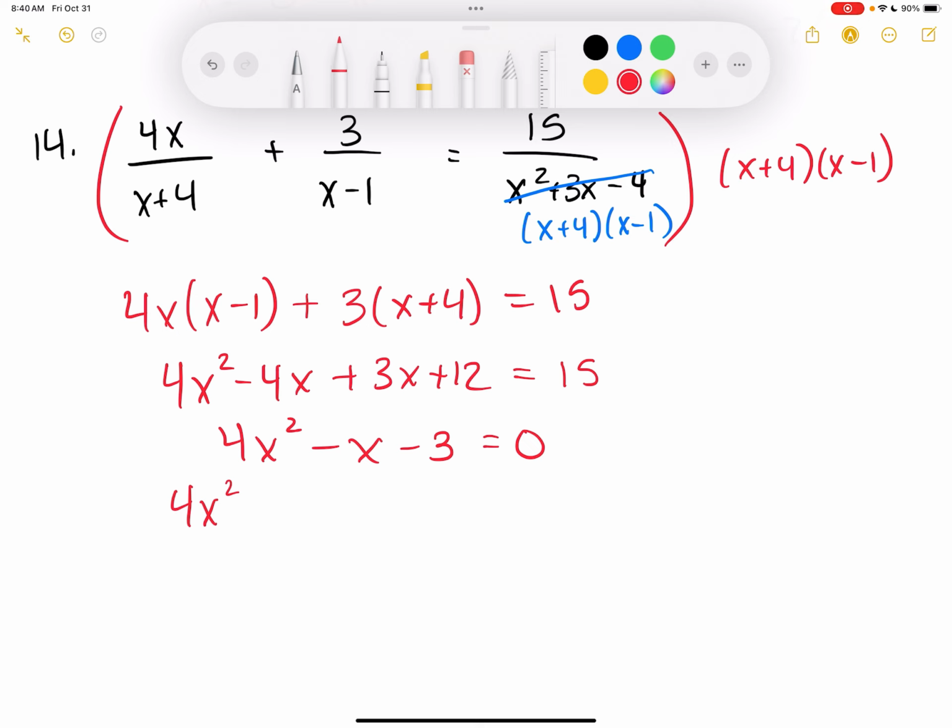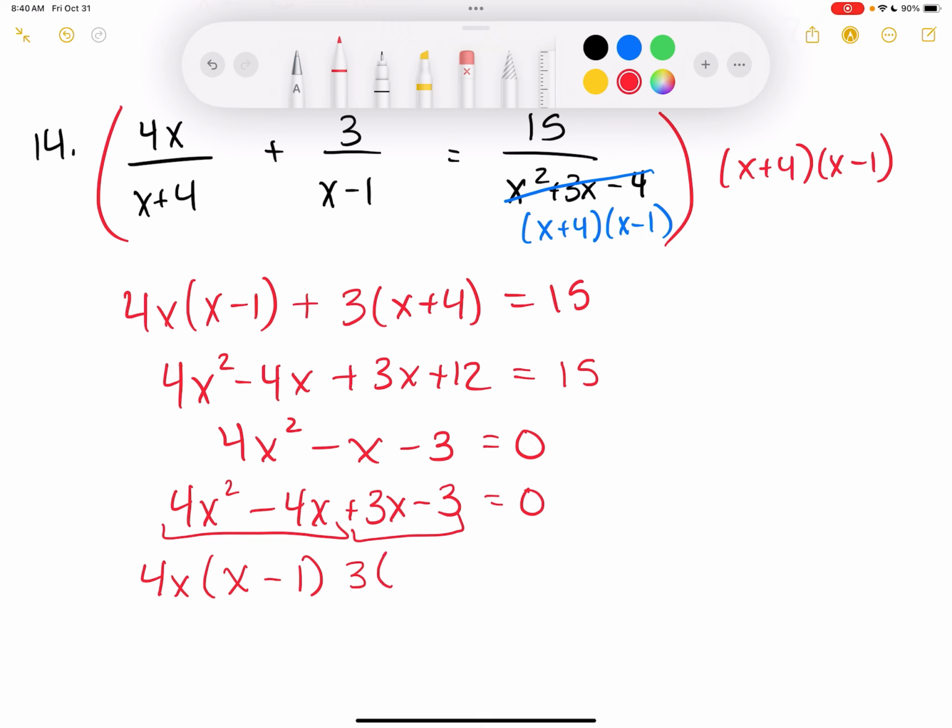So 4x squared minus 4x plus 3x minus 3. Factor by grouping. Take out a 4x. I'm left with x minus 1. Over here, take out a 3. I'm left with x minus 1.